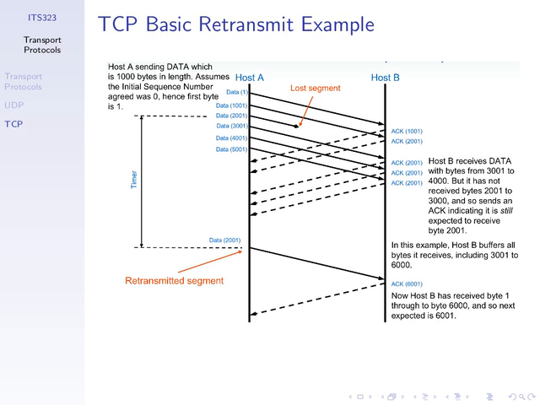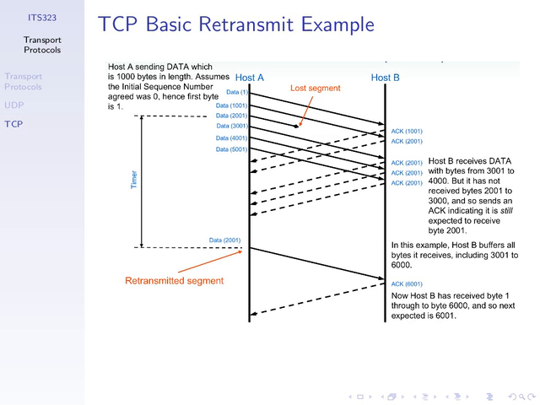After it transmits each segment, A starts a timer. It expects to receive an acknowledgement for that segment within some timeout period. It's received acknowledgements for the first two segments, but the third one, containing numbers 2001 onwards, it hasn't received an ACK for. And when the timeout expires, that triggers A to retransmit that segment.